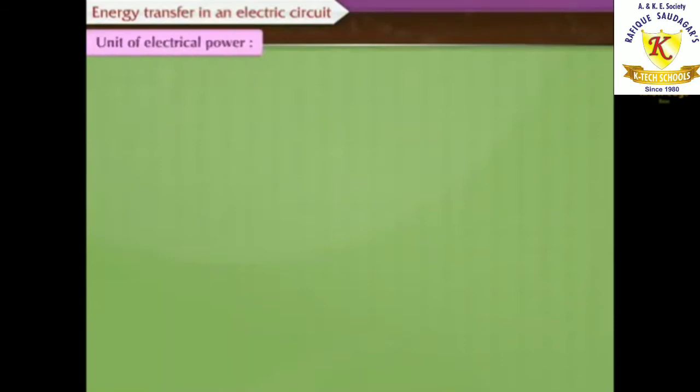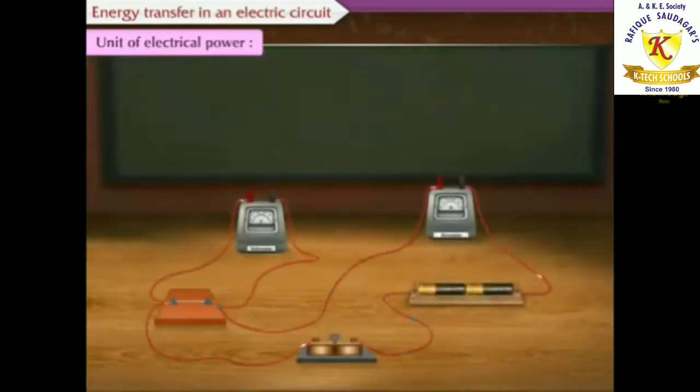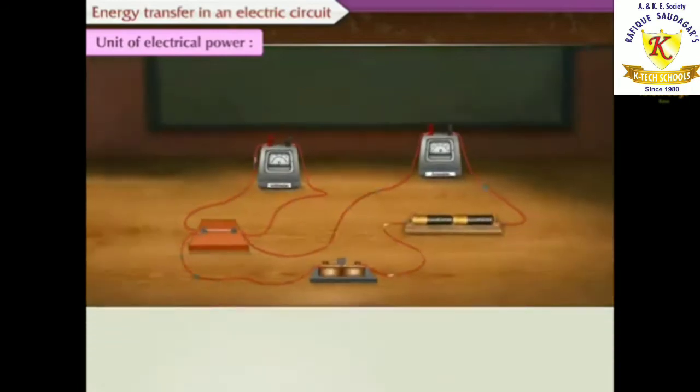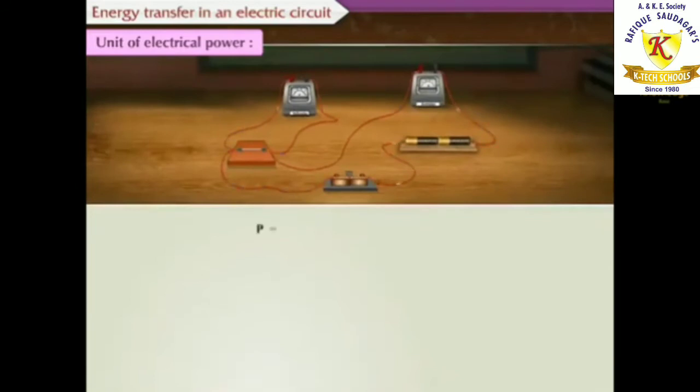Now children, come, let us learn about the unit of electrical power. As seen earlier, electrical power is given as P is equal to VAB into I, that is equal to volts multiplied by amperes.